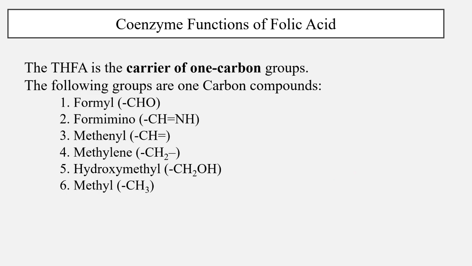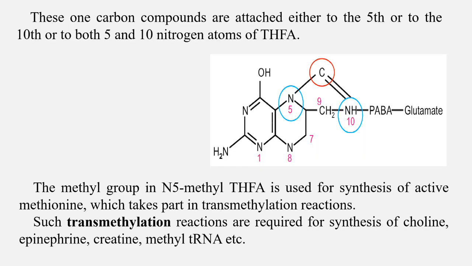We will discuss this in methionine metabolism, one carbon metabolism, and also transmethylation reactions. These 1 carbon compounds are attached to either the 5th or 10th nitrogen atom of tetrahydrofolic acid.